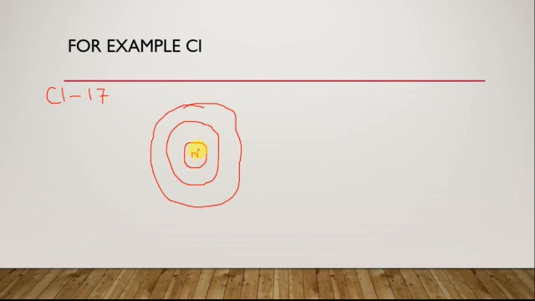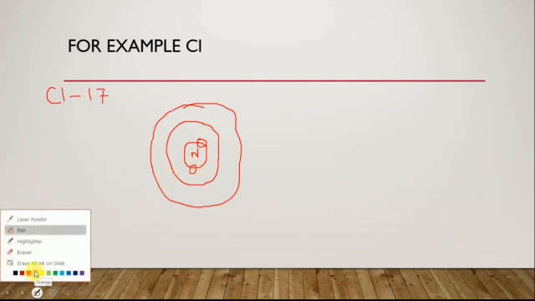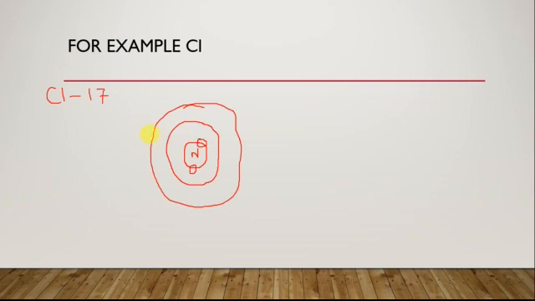Out of which, in the first shell, how many electrons will be present? 2. Brilliant, because the maximum capacity of the first shell is 2. Very good. Now for the next shell, that is the second shell, what is the maximum capacity? 8. So how many electrons will we draw in the second shell? 8. Perfect.